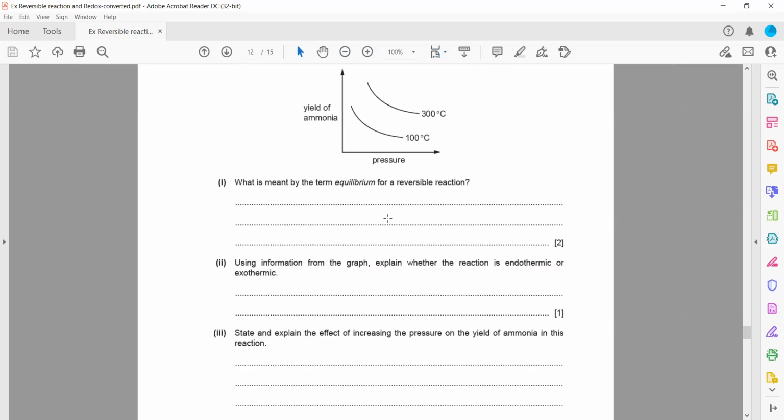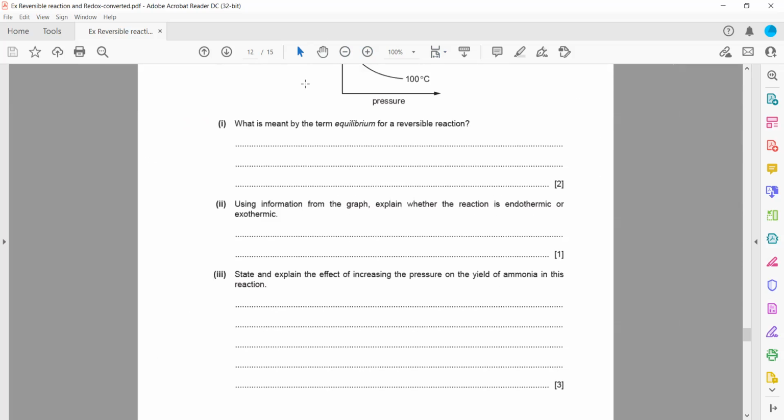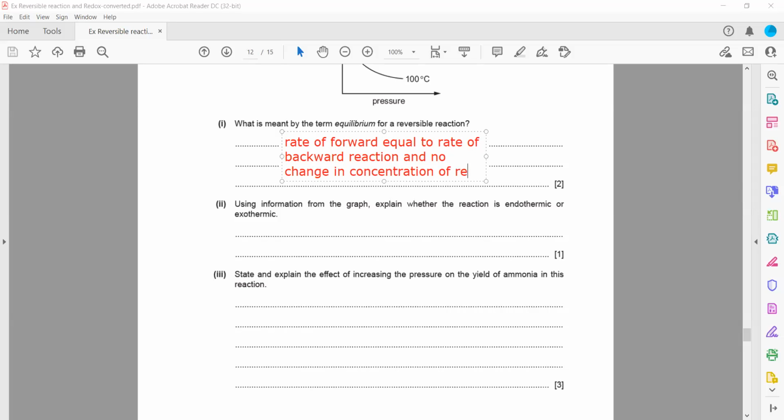The term equilibrium means that the rate of the forward reaction is equal to the rate of the backward reaction, and there is no change in concentration of reactant or product. So the amount of the reactant and product won't change, and the speed at which the formation and the decomposition occur will be the same.